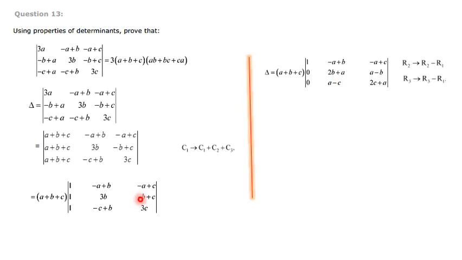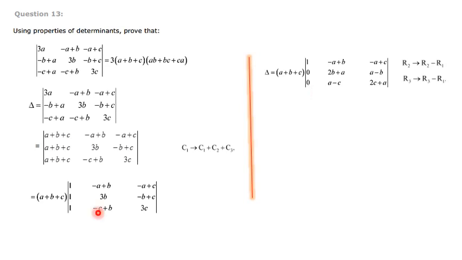Next is minus b plus c minus of (minus a plus c), that is minus b plus c plus a minus c. So here c minus c will be cancelled. Finally a minus b will be the answer. Next R3 changes to R3 minus R1. Again 1 minus 1, that is 0.